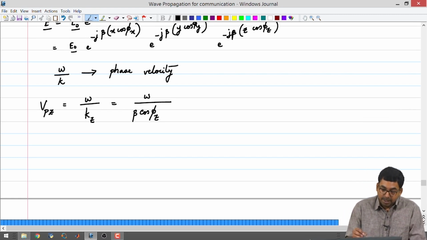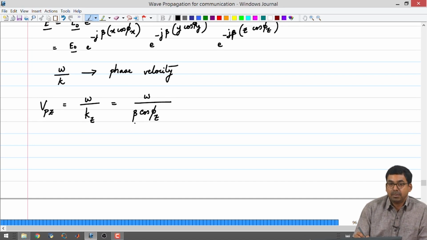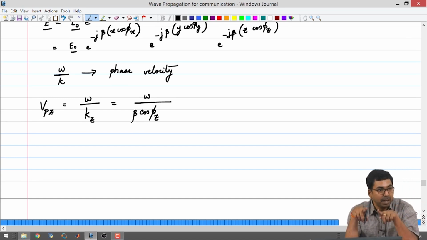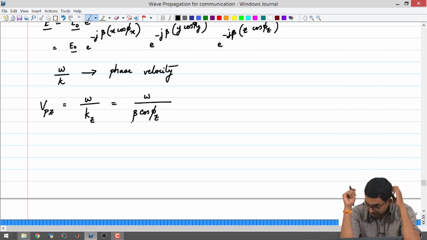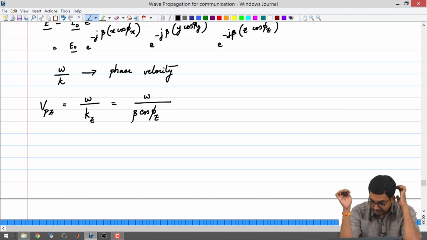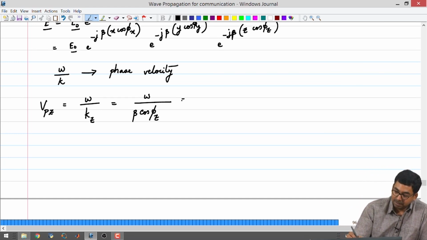Now, if we look at this even more closely, omega divided by beta: beta was measured in radians per meter, omega was in radians per second, both of these were constants. So, omega divided by beta was actually a velocity. In the strictest sense, this is going to be the velocity in the medium.